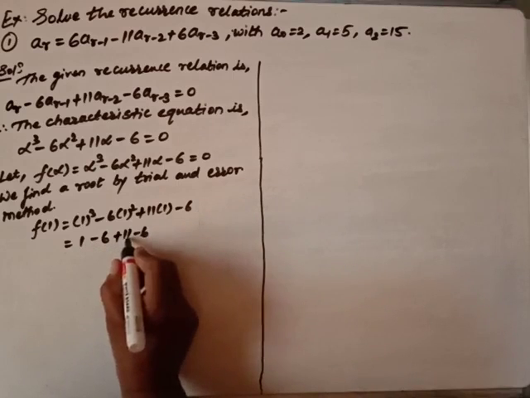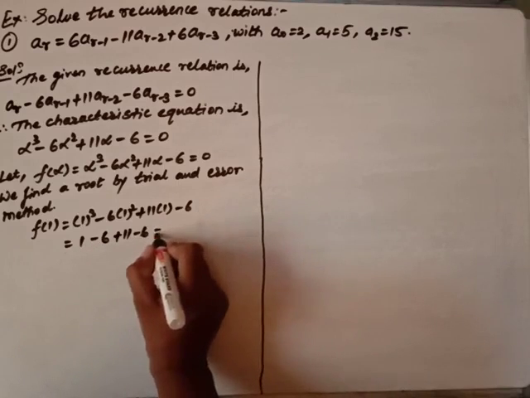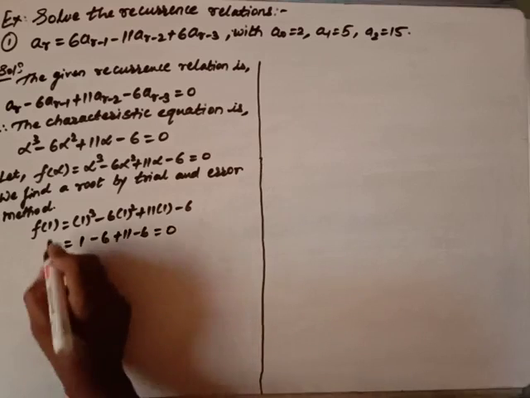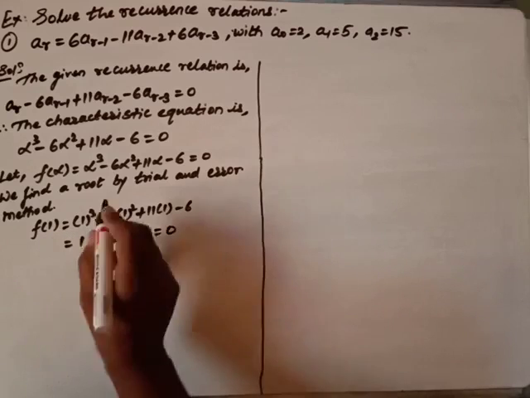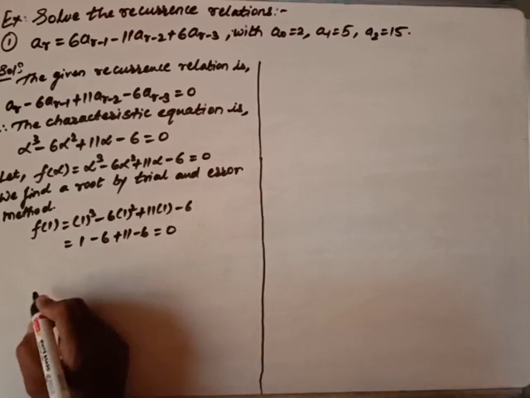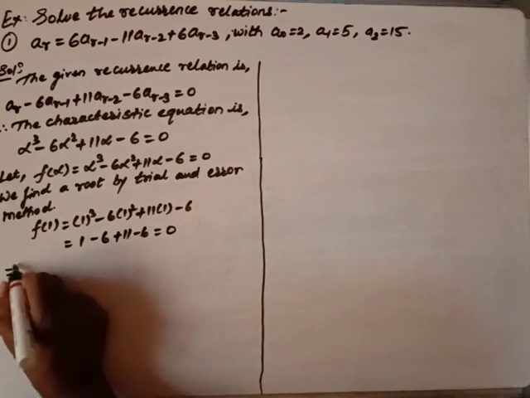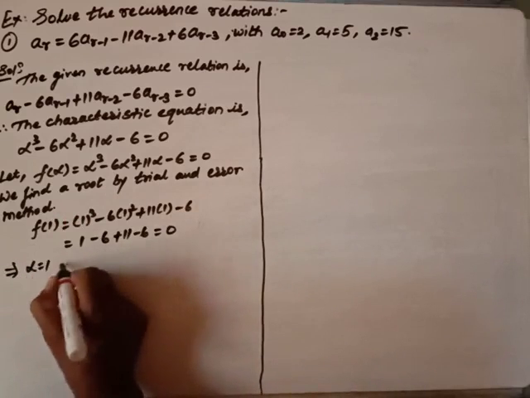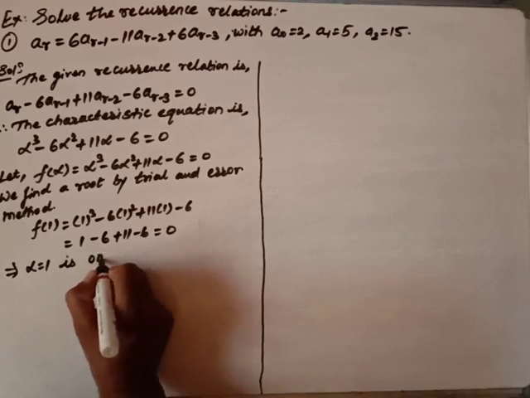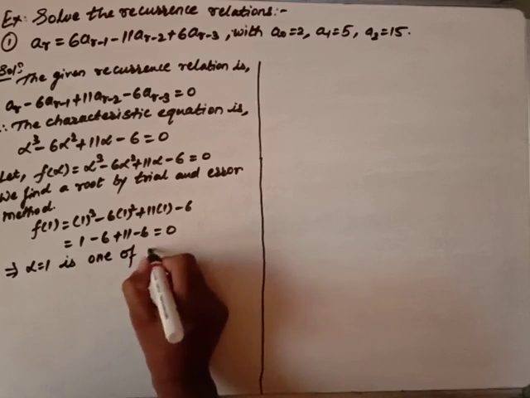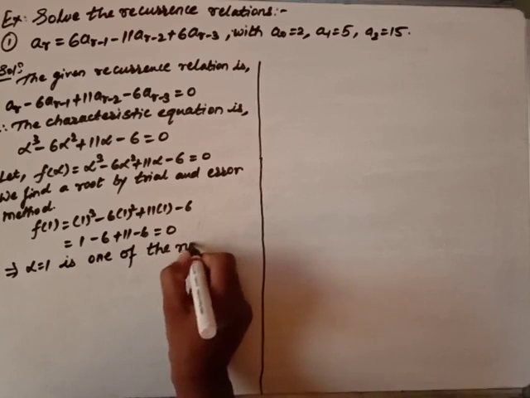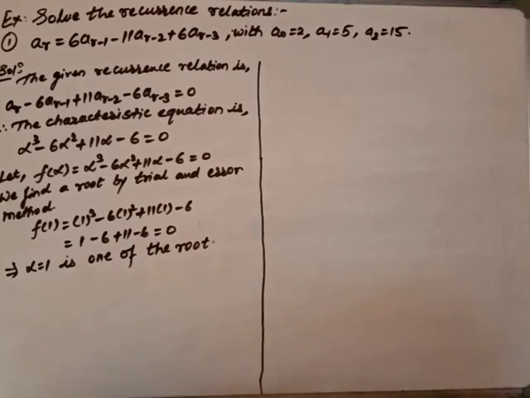Here 1 plus 11 will be 12 and this is minus 12. So it will be 0. So 1 satisfies this equation, which means 1 is a root of it. So alpha equal to 1 is one of the roots, or the characteristic roots we can say.